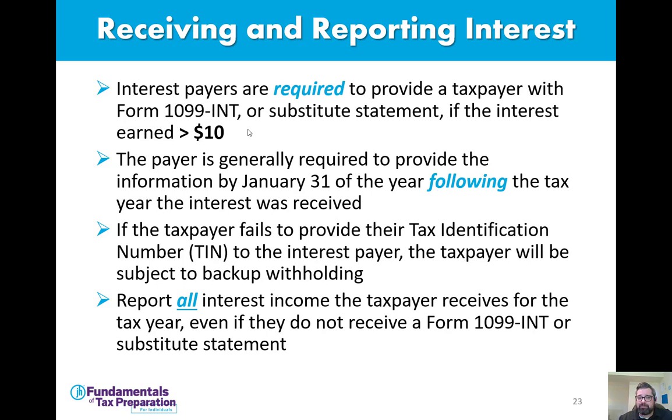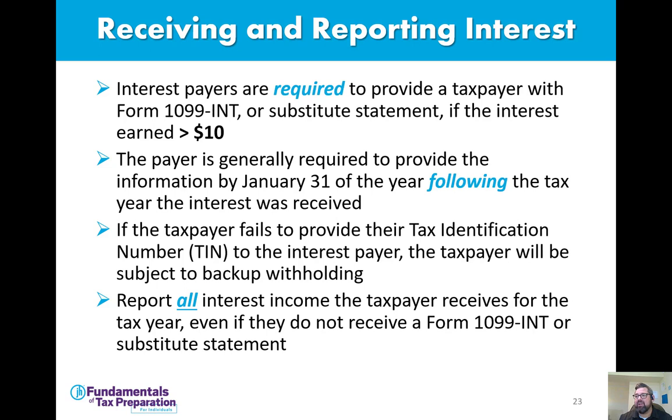Okay, the interest statement is called the 1099-INT form. Okay, and the interest payers are required to give it to the interest earner, the client, when there's interest earned in excess of $10. Okay, so that doesn't mean that anything under $10 is not taxable.